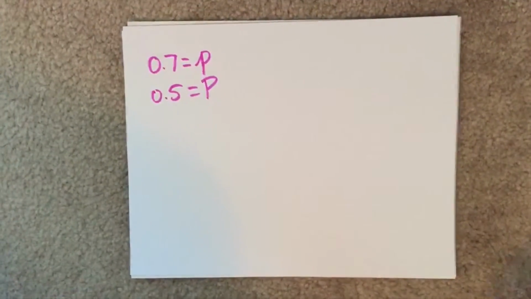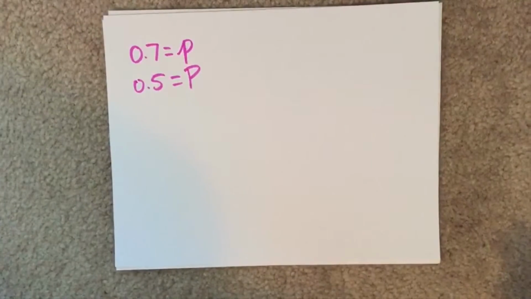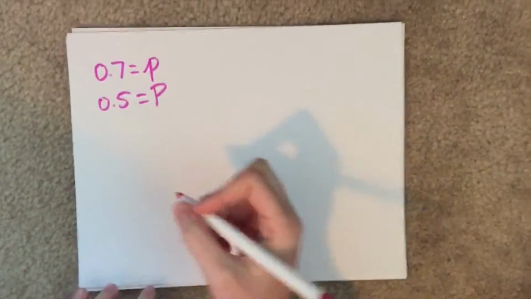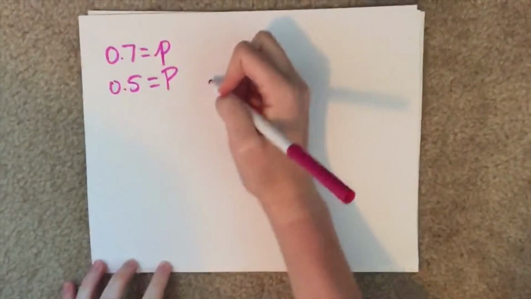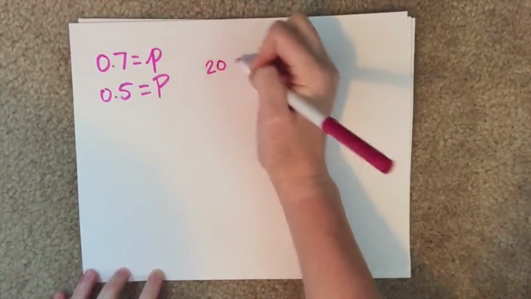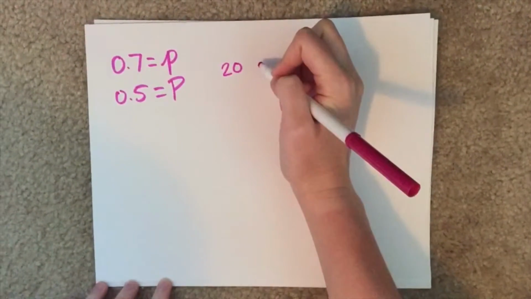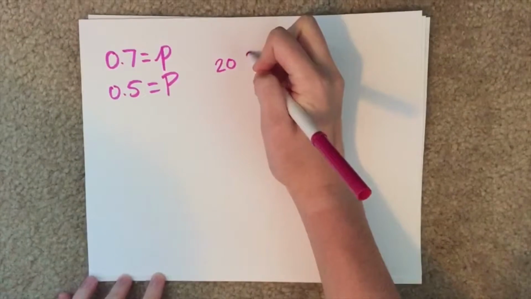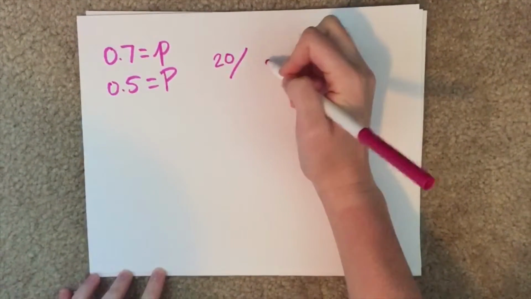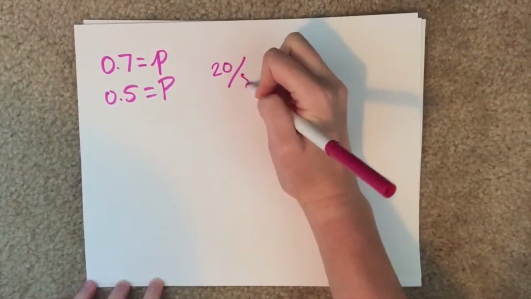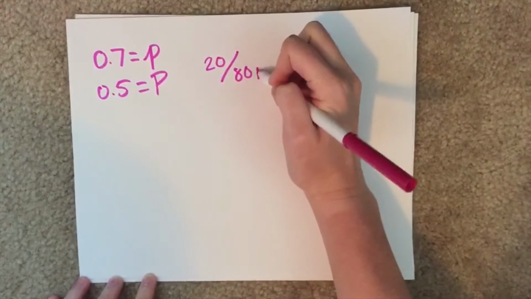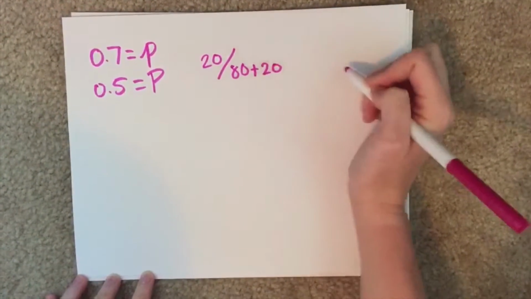Now, the only other variable we don't know is m. To figure this out, we must take the number of squirrels migrating into the population, which is 20, and divide it by how many squirrels will be in the population after migration occurs. So 80 squirrels are originally there, plus 20 are migrating in.